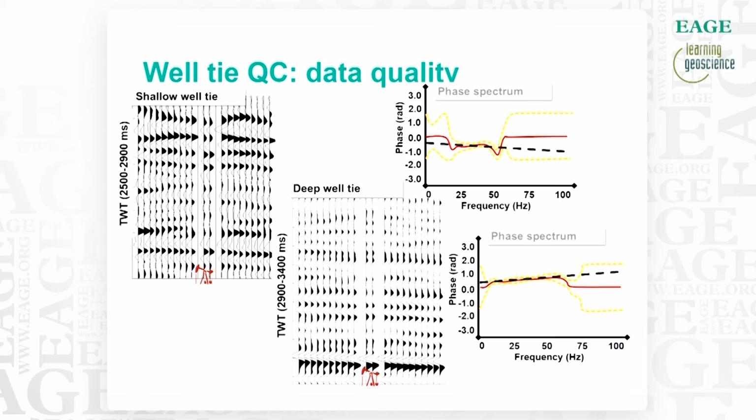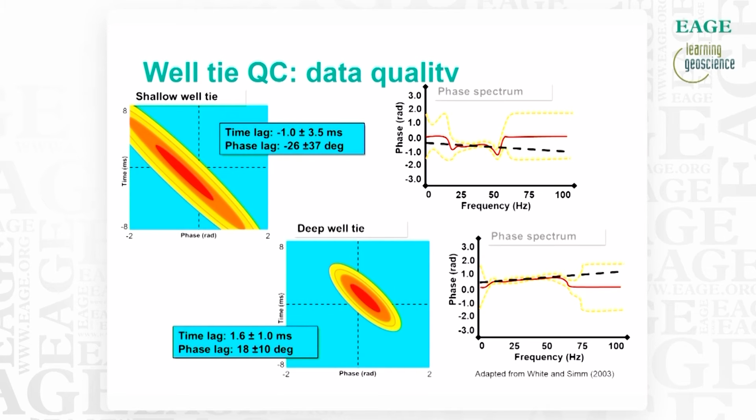That leads to a better constraint on the phase spectrum and gives us a much better well tie. This is summarized in these likelihood ellipses. When we have low bandwidth, the ellipses are too wide and too long, and that means the time and phase lag have large errors. With a good bandwidth, we have a better chance of constraining the lags, phase and time, and that means the error is low.